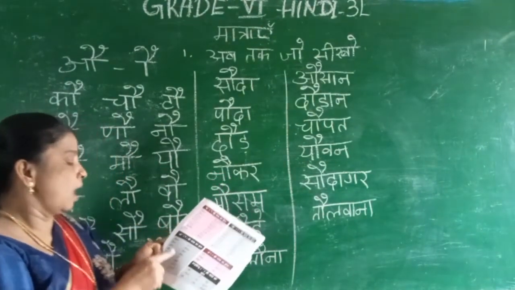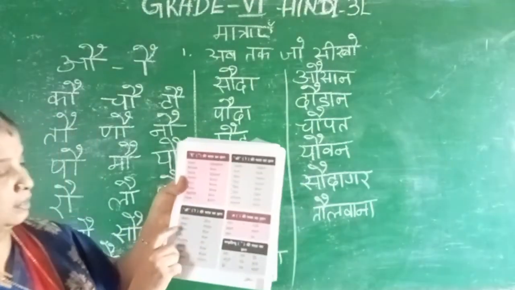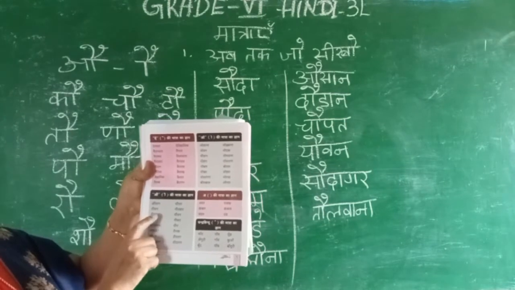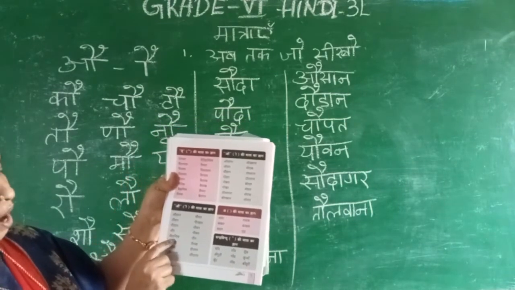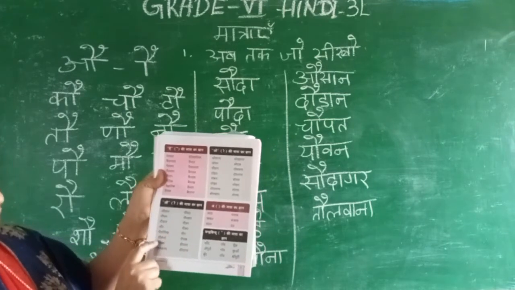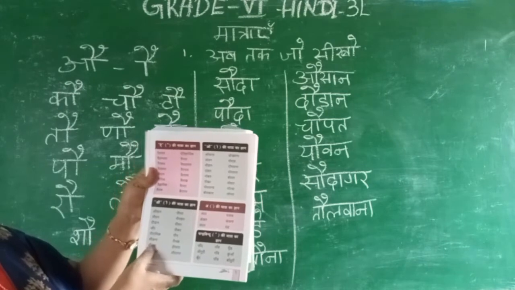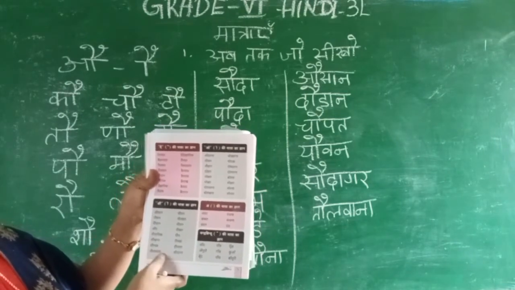You see, ausan. First one, ausana, ausan. Tausana, tausan. Daudana, daudan. Aura, aur. Pauranika, pauranik. Laukana, laukan. Saunaka, saunak. Taulavana, taulvan.